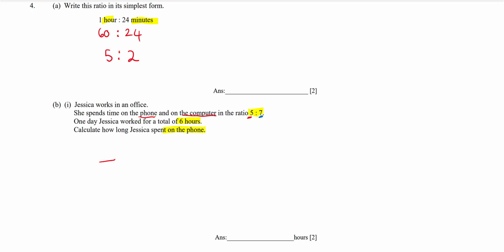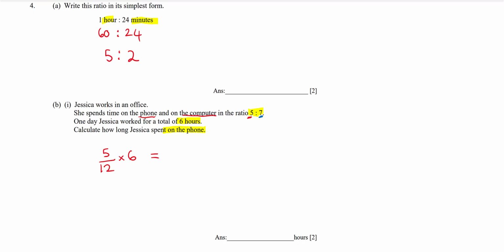So altogether there are 12 parts, and she spent 5 of these parts on the phone, so 5/12 of the time on the phone, and she worked a total of 6 hours. So it'll be 5/12 of 6 is going to be our answer, so times 6, and you can work that out on your calculator, or you can do it by hand.